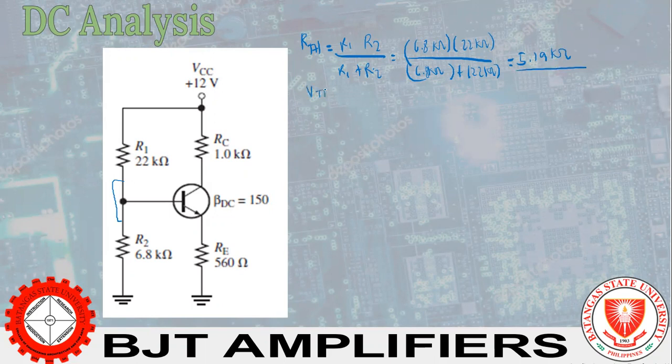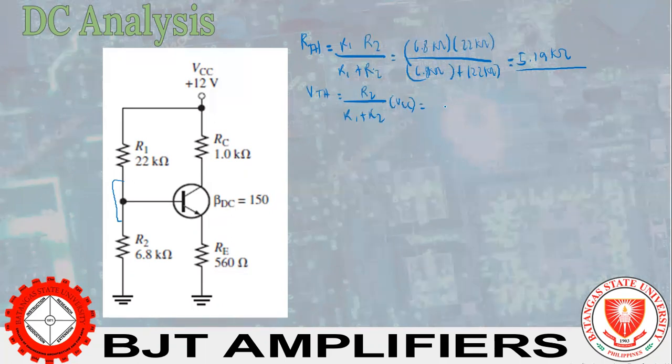For our VTH naman, we have the R2 over R1 plus R2, R2 times natin si VCC natin, which is 12 volts.